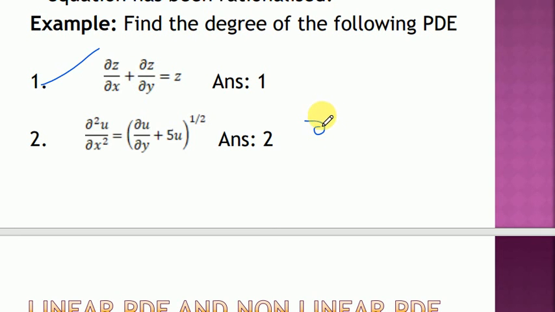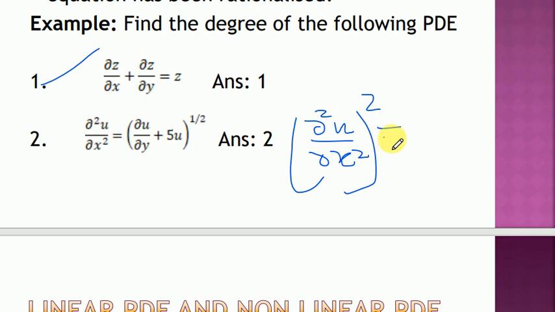If we try to rationalize it, then on squaring both sides we will have (∂²u/∂x²)² = ∂u/∂y + 5u.